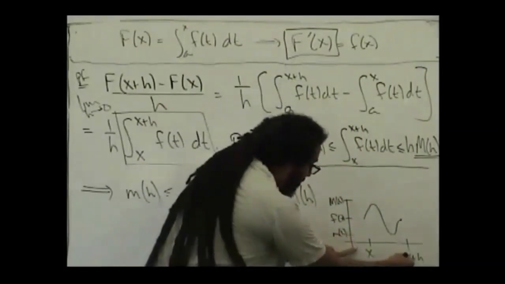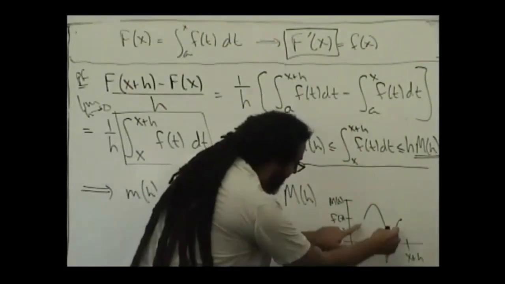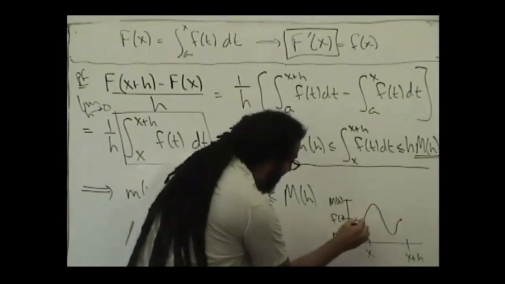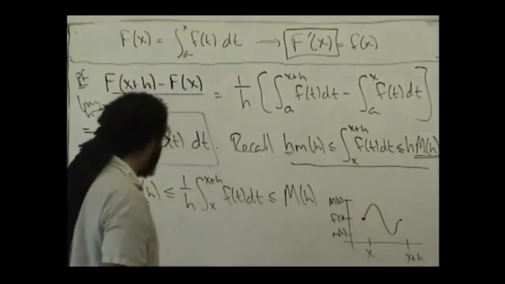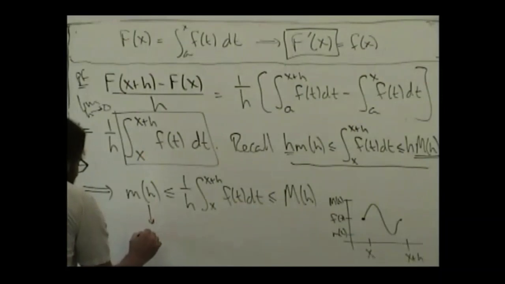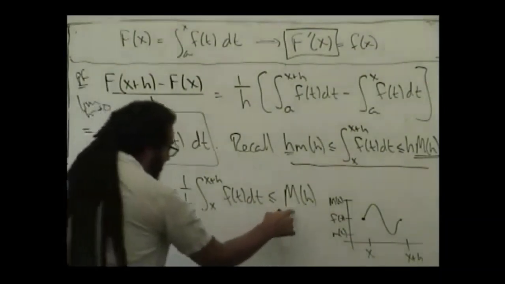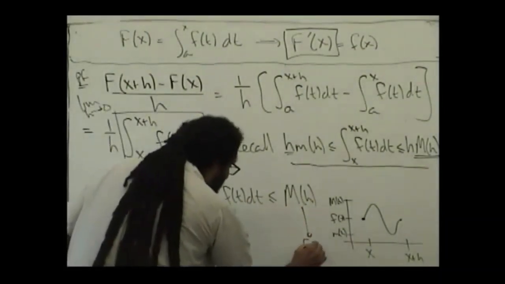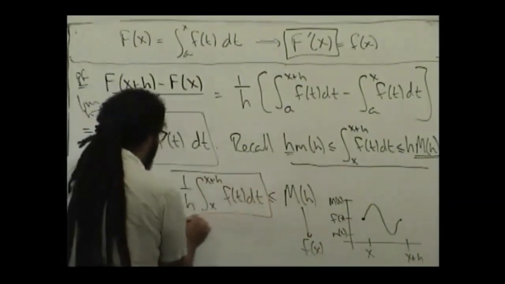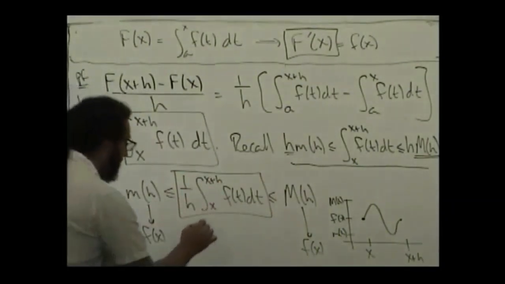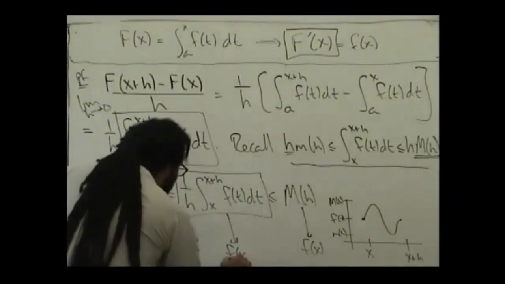So as I move h close to 0, the max and the min all start to look like f of x. So this thing goes to f of x. This thing goes to f of x. That means the thing in the middle has to go to f of x by the squeeze theorem.